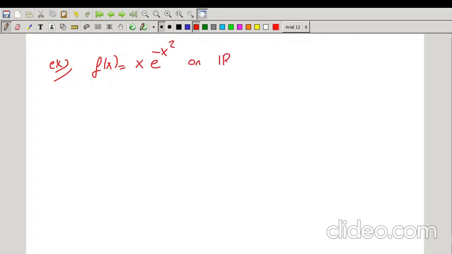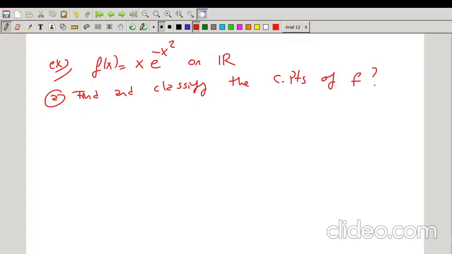On R, first, find and classify the critical points of f. Second, does f have any absolute max and min?